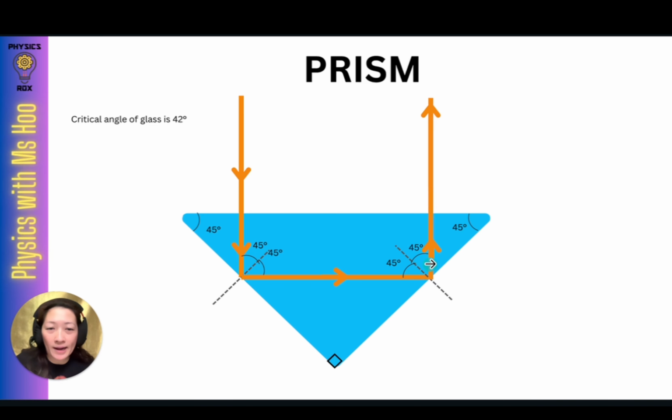So it reflects when it gets to this edge. Incident angle and refracted angle are both 0. That's why the light ray continues to travel in a straight path. So you get this really interesting ray path when the light ray enters a prism this way. Emergent ray over here is parallel to the incident ray entering the prism. So what optical device would use the light rays this way?